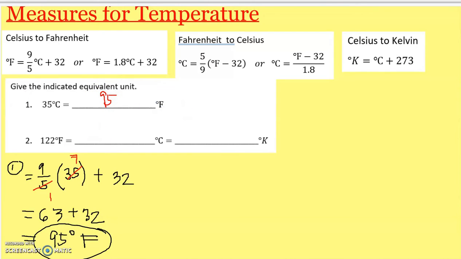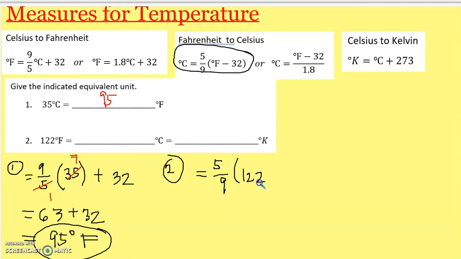That's it. Now, in number 2, we have to convert 122 degrees Fahrenheit to Celsius. So we will use this formula. By substitution, we write 5/9 first and then 122 minus 32. 122 minus 32 is 90. And 90 is divisible by 9, so we can cancel. It becomes 10 and 1. 5 times 10 is 50.